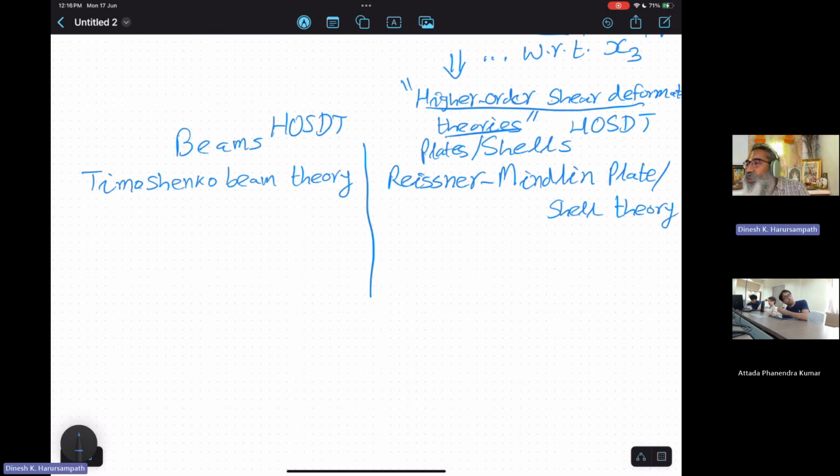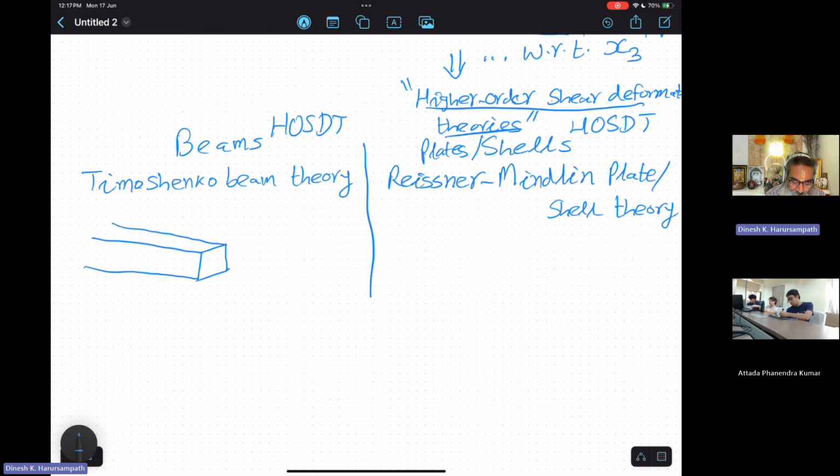Okay, so both of these will have those, even for the simplest geometry. If you take even, let's say, a square cross section, you will not get exact results from the Timoshenko beam theory. So you will introduce certain correction factors, which is essentially like curve fitting.